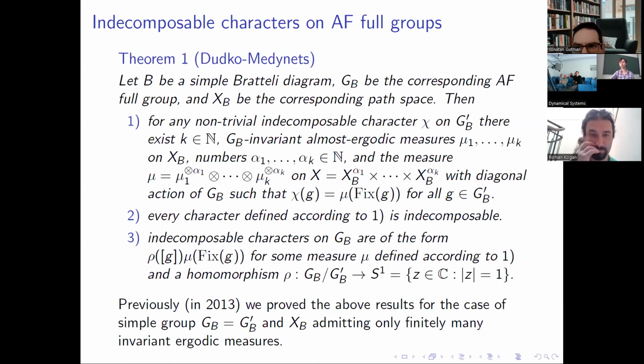Well, it says that the conjecture is true for this class of groups, for the commutator subgroups. Yes, the group GB is not simple, so we obtain a slightly richer set of characters by this. Aha, because I'm actually asking about GB. Mm-hmm. If in some cases you will be able to get the same for GB.